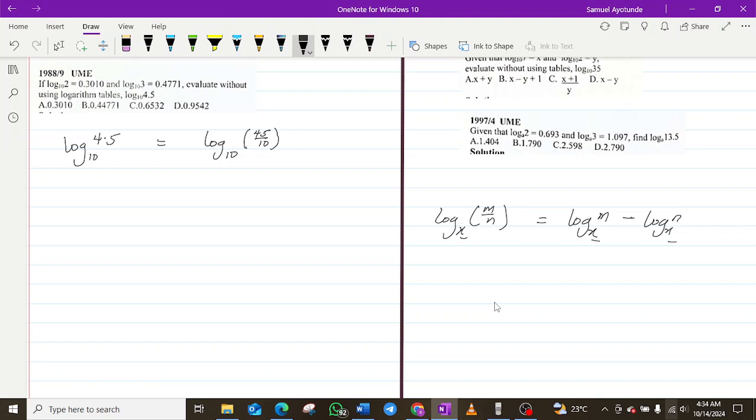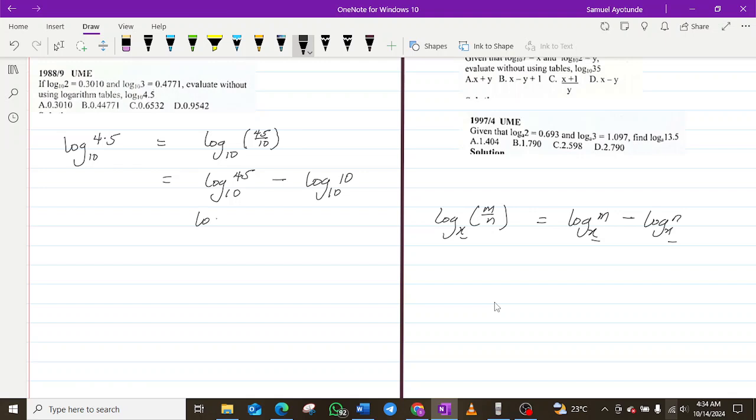So from here, if I apply that, I have log 45 base 10 minus log 10 base 10. Now I can break down 45 in terms of 3 and 5, majorly 3 and 5.